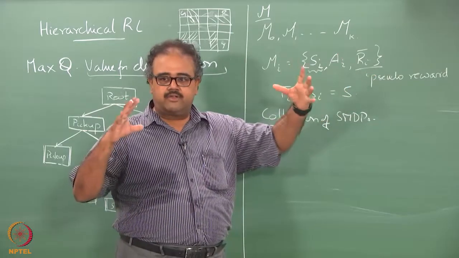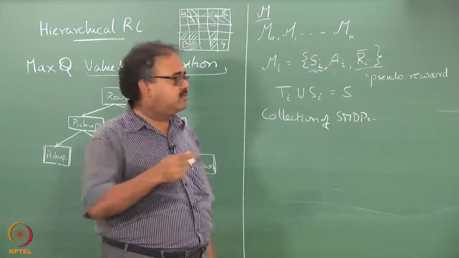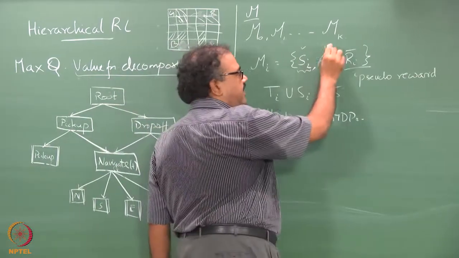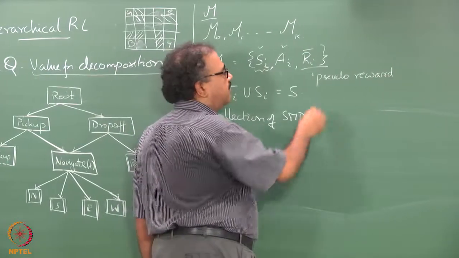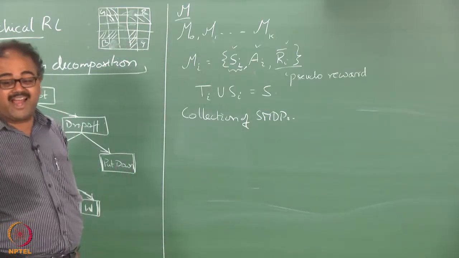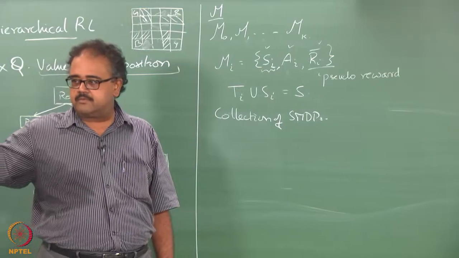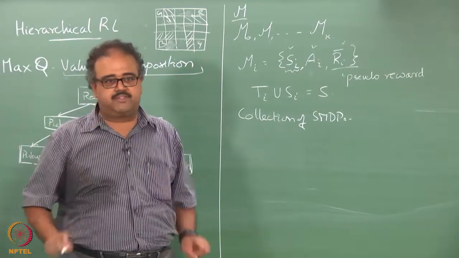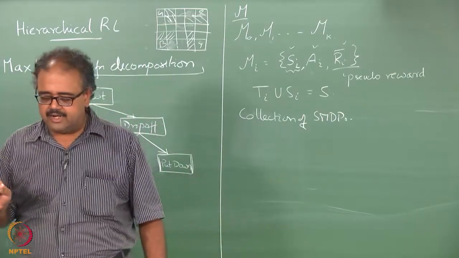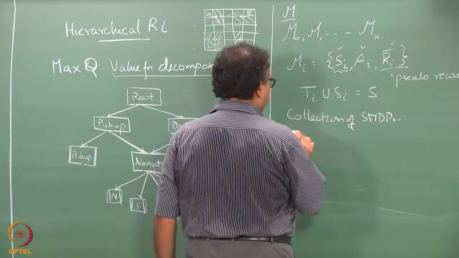For the SMDP corresponding to Mi, I have the states, I have the actions, and I have the rewards: Ri bar plus R, the original reward. The two together give me the reward function for the SMDP corresponding to Mi.